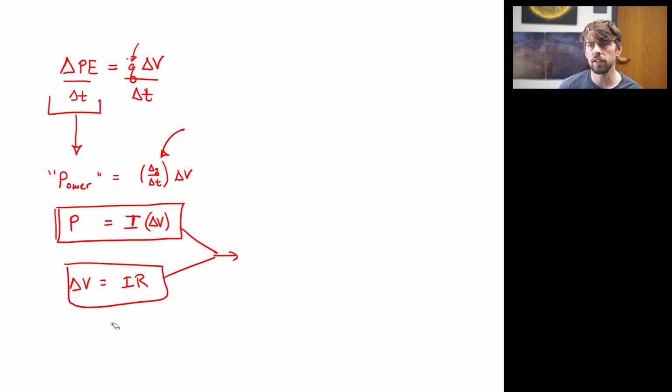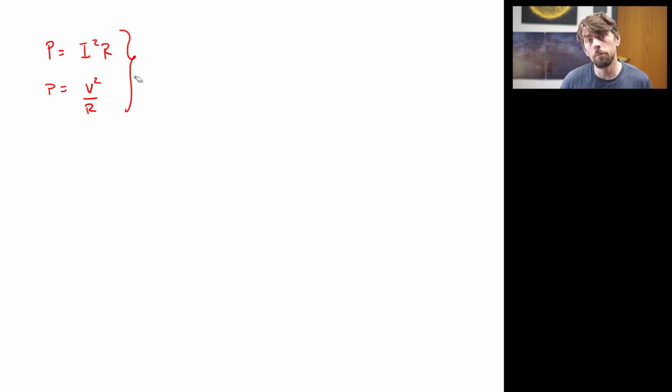So if we do a straight substitution of delta V, we see immediately that the power, the amount of energy withdrawn by the resistor, can be expressed as I squared times R. Of course, that's not the only thing we could have. Instead, we could choose to rearrange this and get rid of the I's instead. And if we do that, then power could be expressed as V squared over R. So either of those expressions is perfectly fine.